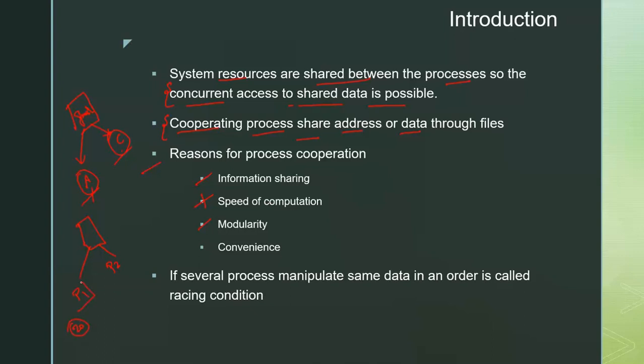In that case, we'll send the first 50 pages to printer 1 and the second 50 pages to printer 2. So the same file will be shared between printer 1 and printer 2, and you can do two things at the same time.